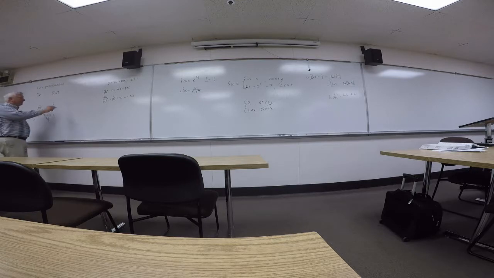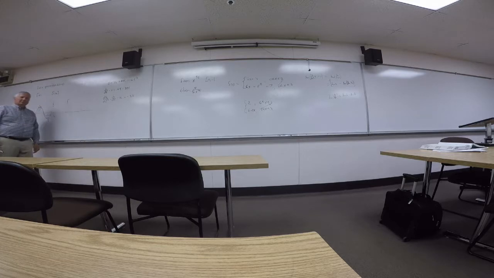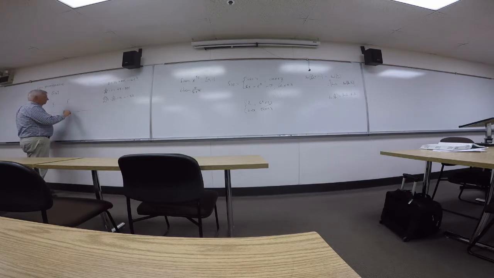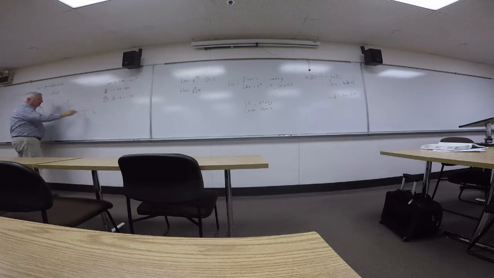Let's draw a graph of F prime. And again, let's make it as simple as possible. 2 zeros. G, H, I, J. Still on the interval A to B. Again, I don't care what it does over here. I don't care what it does over here. I know it has at least 2 zeros.